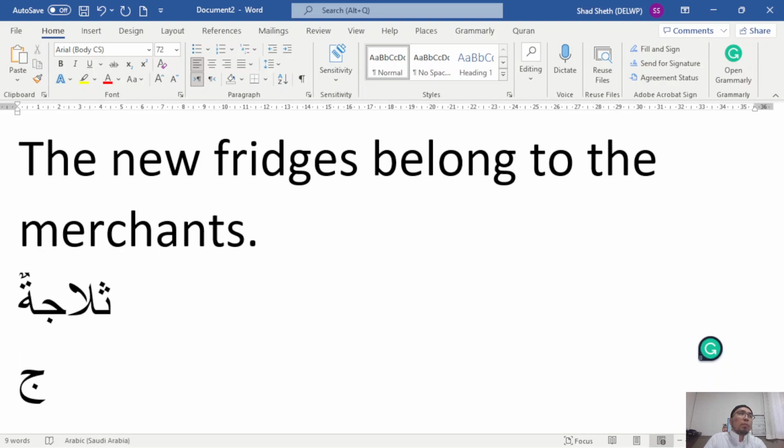You see the alif lam again. Ath-thallajatul jadidatu lit-tujjari. So fridges, plural, you have to treat as singular feminine to become new. It is jadidatun, but because it's not one, it has to be al-jadidatu.